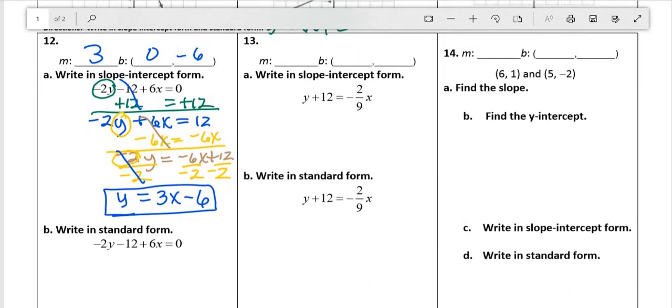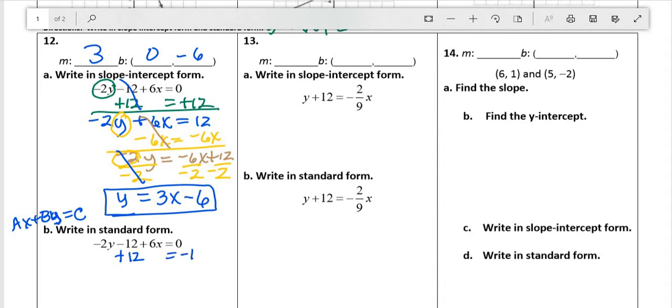For this next one right here, I have to write this in standard form. My standard form formula is ax plus by equals c. Now, when you write it in standard form, it can never have any fractions or decimals in it. So I have to get x and y on the same side. That means I have to get rid of this -12.